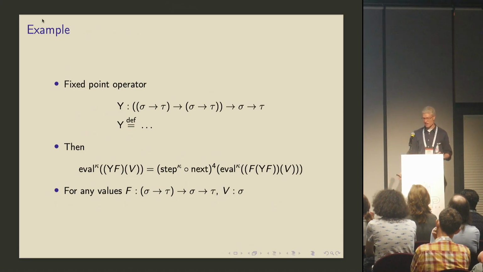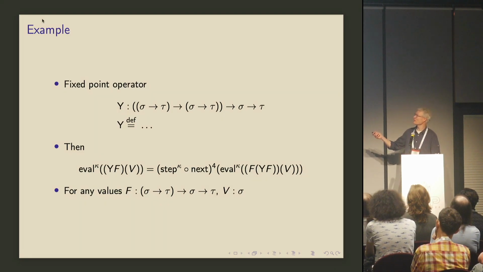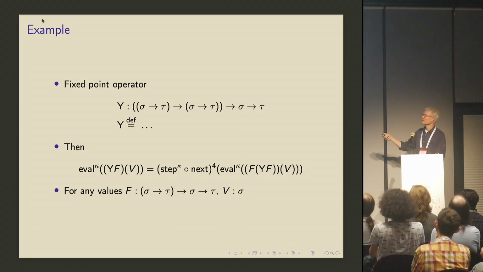A small example of a program in FPC: it's well known that recursive types imply recursive terms, and there's a fixed point operator that you can define. I don't want to spell that out. Usually you would have that satisfy a fixed point equation, which in the call-by-value setting, as we're in here, would say that y(f) applied to a value is the same as f of y(f) applied to a value.